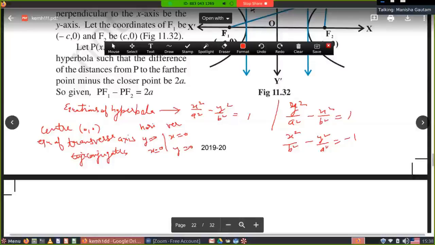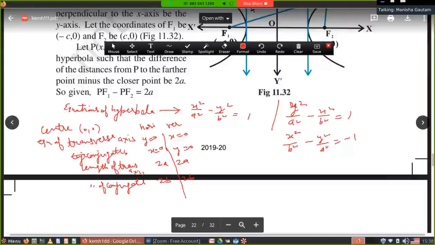Length of the transverse axis is always 2a in both cases. And the length of the conjugate axis is 2b in both cases.